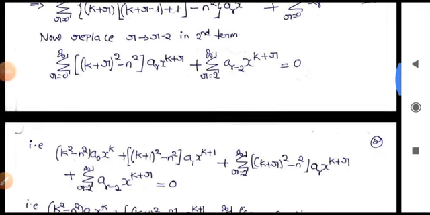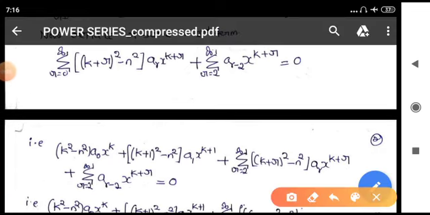Now students, you can observe the first summation starts from r equal to 0 and the second summation starts from r equal to 2. To make these two summations common, I will expand the first summation.